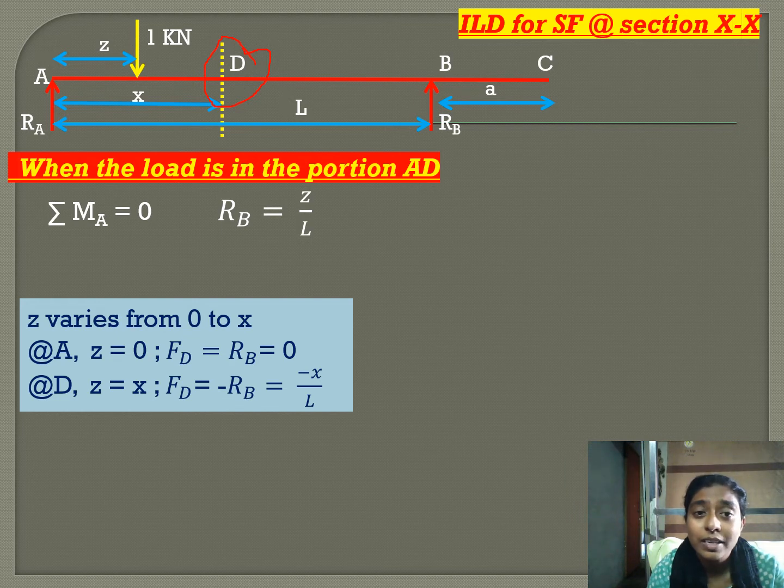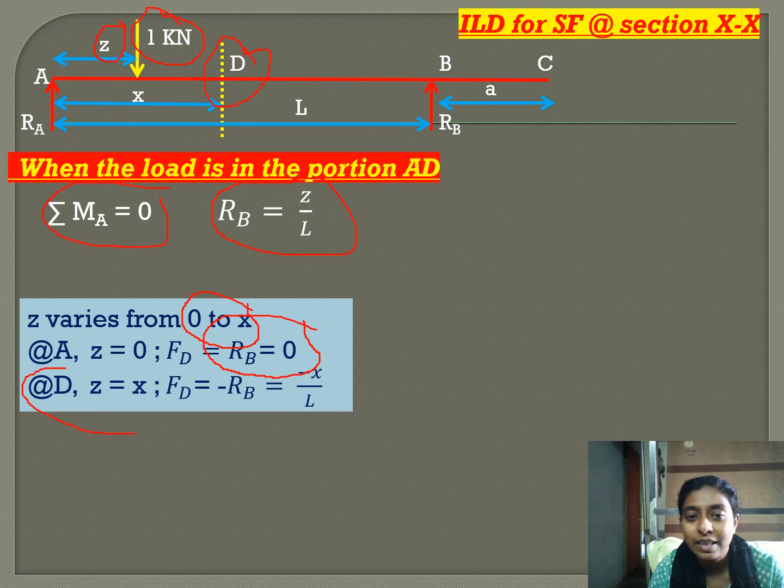Now, when the unit load is taken in the region AD, it is at a distance Z from A. We apply sigma MA is equal to 0, we get RB is equal to Z by L. So, Z is varying from 0 to X. At A, Z is equal to 0, and substituting Z is equal to 0, we get RB is equal to 0.